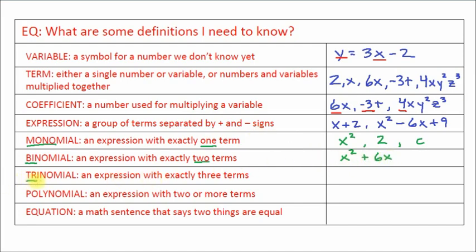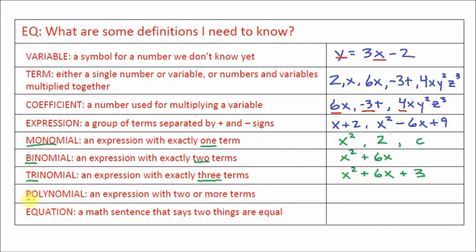Trinomial, follow the logic on that. Tri, like tricycle, has 3 wheels. A trinomial is 3 terms. So here's an example of that. Here is a trinomial, x squared plus 6x plus 3. That's a trinomial, 3 terms connected with plus or minus signs.